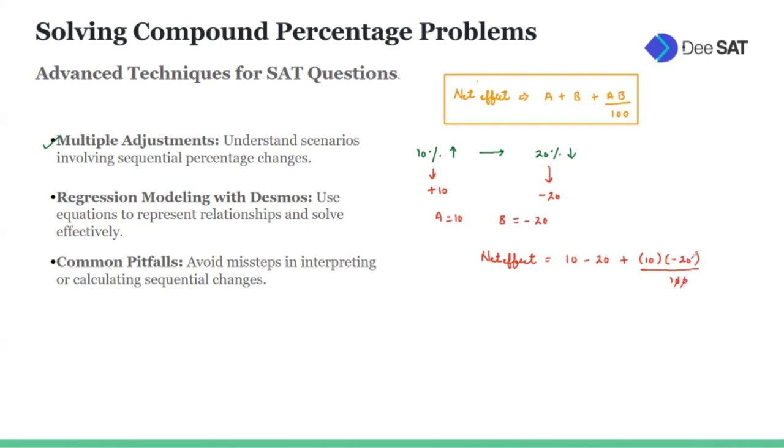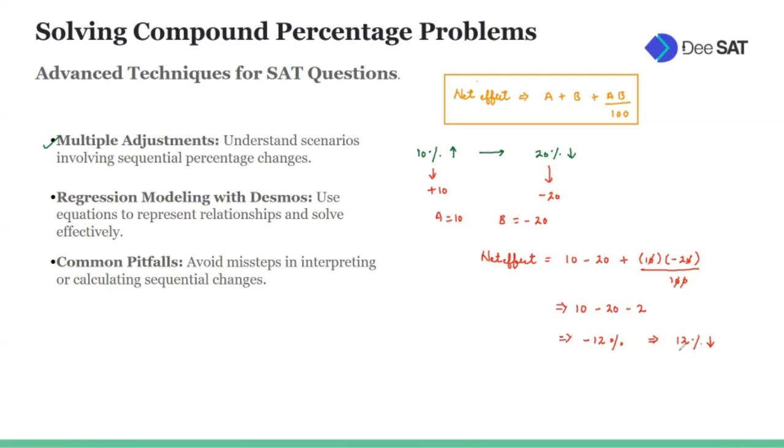Definitely the two zeros will get cancelled with these two zeros, but minus 2 multiplied by 1 is minus 2. So that will generate 10 minus 20 minus 2, that is minus 22, plus 10 is minus 12. So a 12% overall reduction has taken place. We can say that there is a 12% decrease overall.